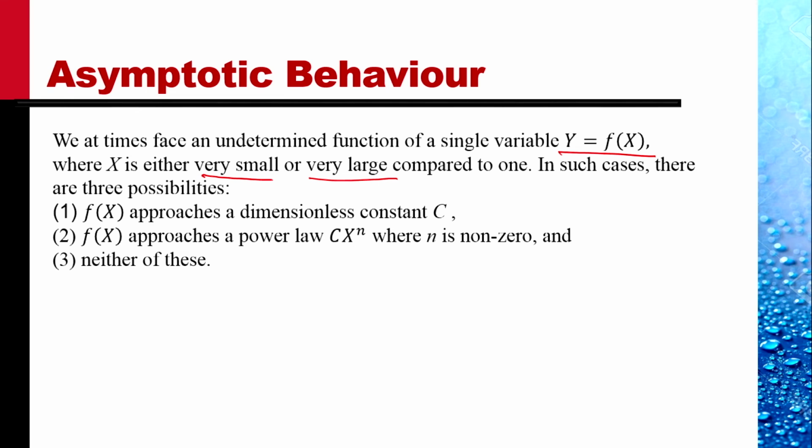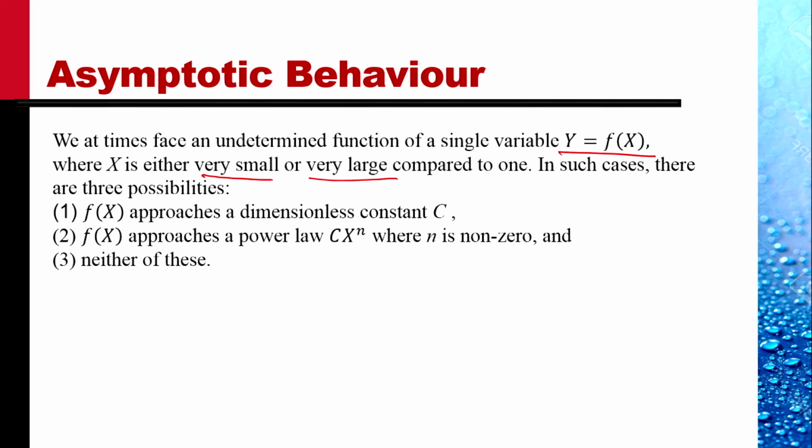X and y both are dimensionless. The second possibility is that it approaches a power law, c times x raised to the power n, where n is non-zero. And third, of course, none of these.